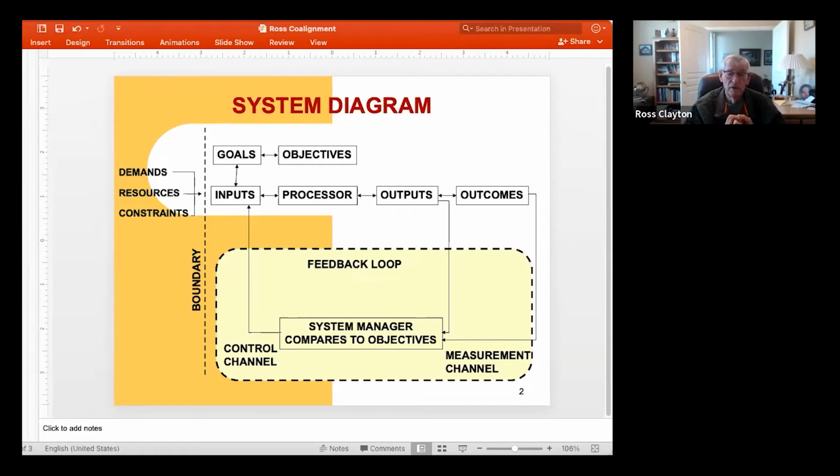So the control channel essentially produces new inputs internally in the form of goals and objectives. And I did mention demands and constraints, but the school was given demands from the external environment to deliver certain programs. For example, the Sacramento Center was a response to demands from executives in the Sacramento government that they needed a quality program in Sacramento for people who would interstate service.